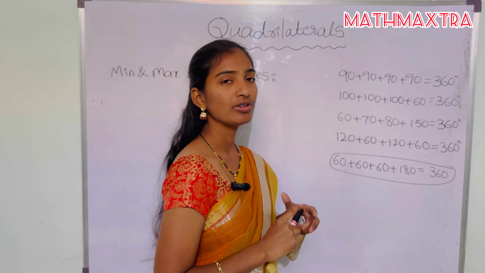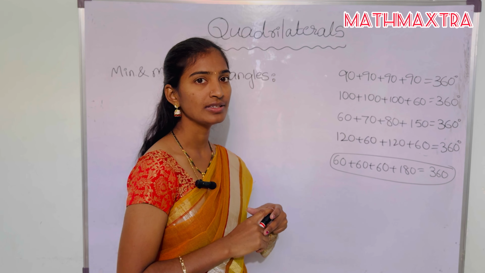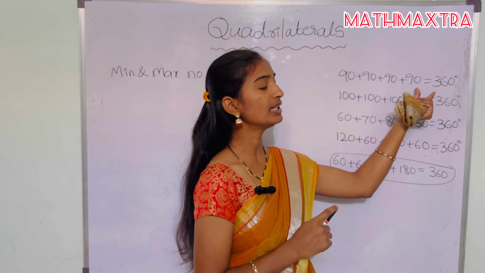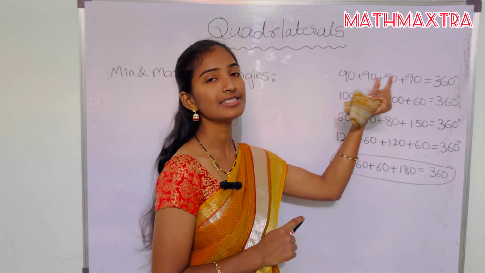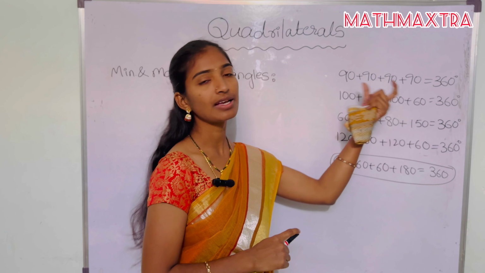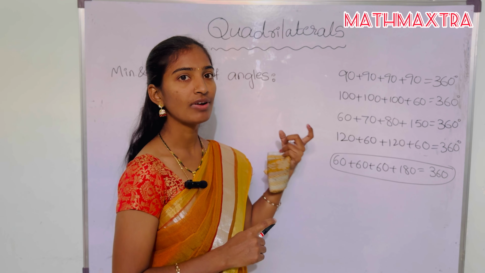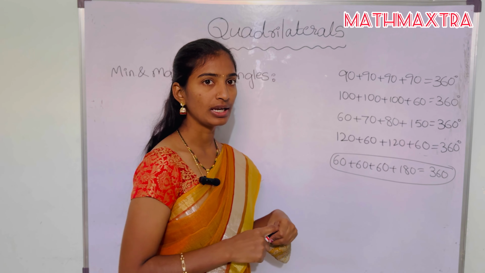Is there any possibility that all 4 angles are obtuse angles? No, right? If you take all 90 degrees only, it is becoming 360 degrees. If you take all angles greater than 90, then the sum exceeds 360 degrees. That is why there is no chance of having more than 3 obtuse angles in a quadrilateral.